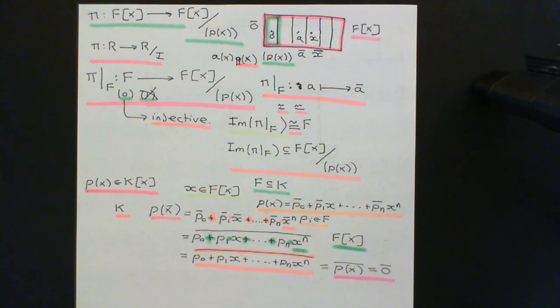I'd like to find some representative of every single one of the cosets that we will name the coset after. I will take that representative, which is some polynomial in the ring of polynomials over the field, and stick a bar over it, and that can be the name of the coset.